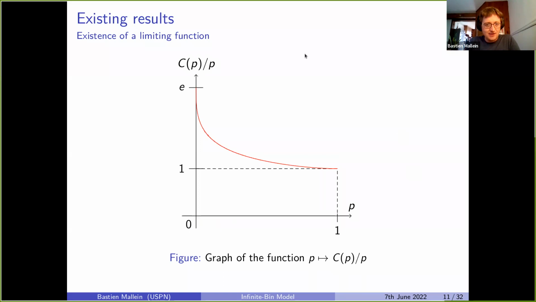You see that not only c of p over p goes to 0 as p goes to 0, but in fact the derivative there is infinite. So c of p over p is decreasing, which I think I understand why, but it's convex, and I have no idea how to prove that this function is convex. Why is c of p over p convex? I have no idea why.